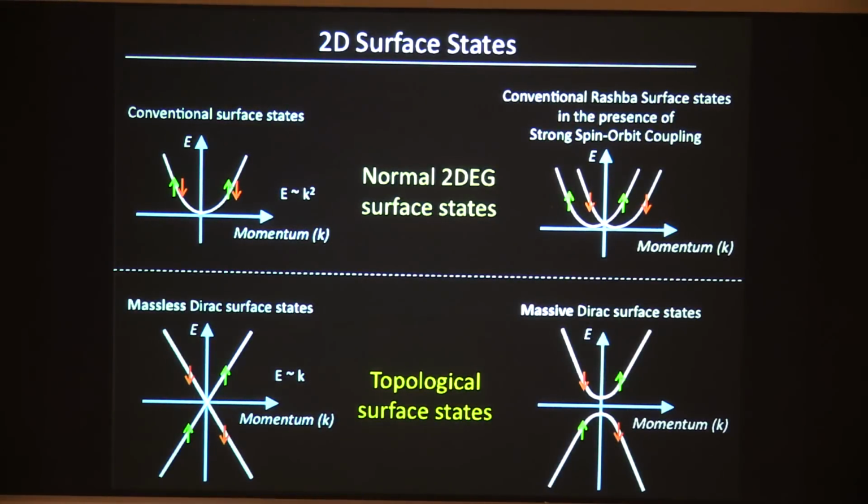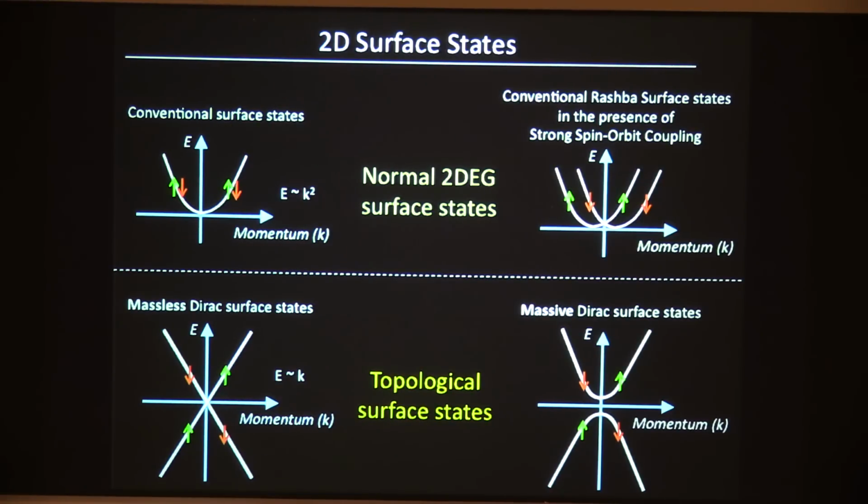Okay, so just to put these two kinds of dispersions in perspective, I want to remind you that if you have a conventional two-dimensional electron gas with very small spin-orbit coupling, this is what you would see for the dispersion. Now, if you were to turn on spin-orbit coupling, then the two overlapping parabolas split up like this, but at each energy, you still have two electrons, even though they are at different momenta in this case.